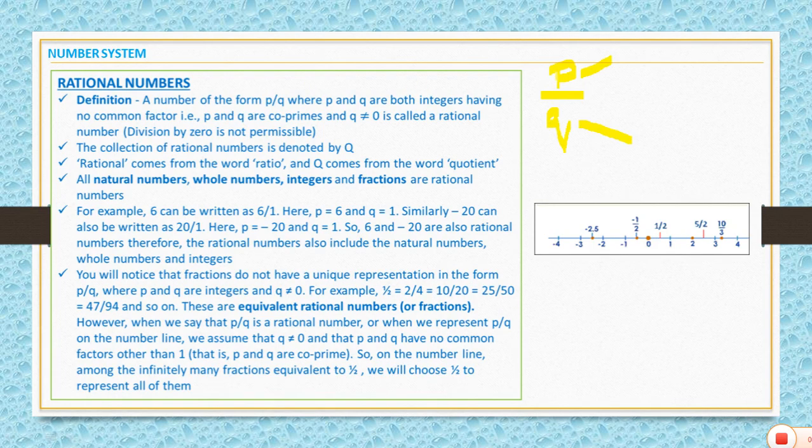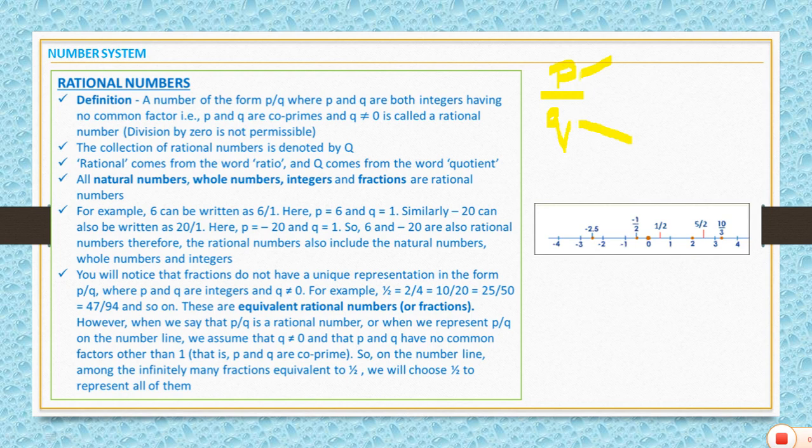Both p and q are integers, and they don't have any common factor. They are co-prime numbers. You already know this. What are co-prime numbers? Co-prime numbers are those numbers which have HCF 1.